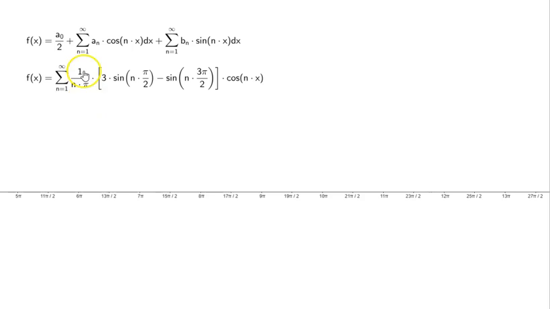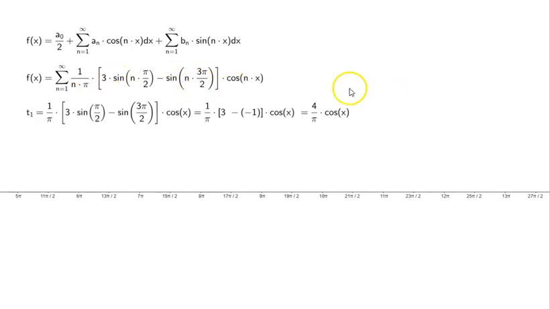Summation as n goes from 1 to infinity of 1 by n pi times 3 sin n pi by 2 minus sin n times 3 pi by 2 times cos nx. Now we have to figure out what the series is, the terms of the series. So before we can arrive at a general term, we need to figure out a few terms in the beginning.